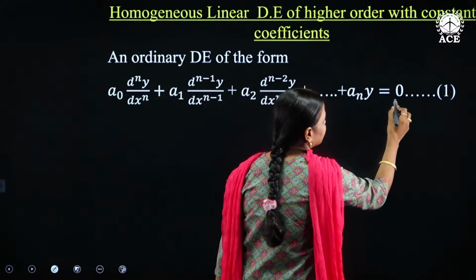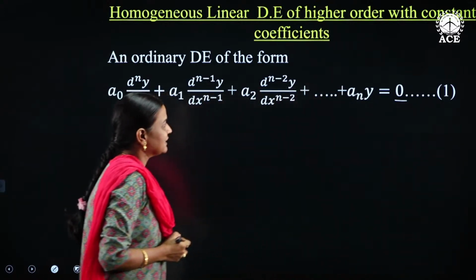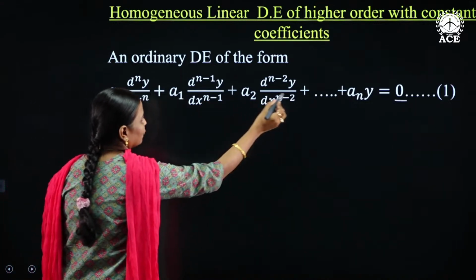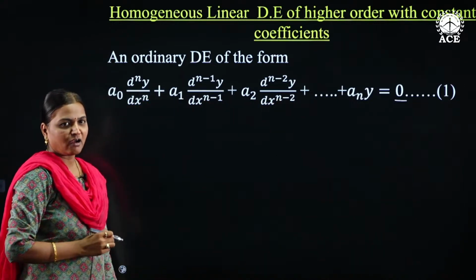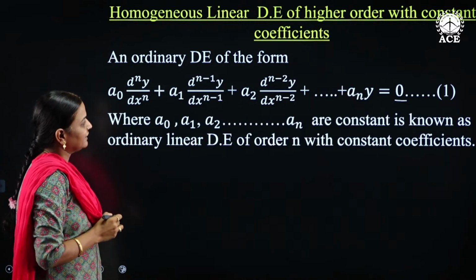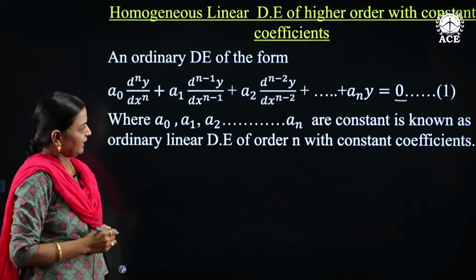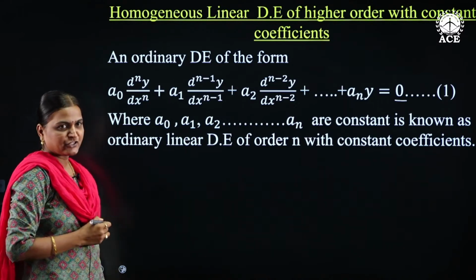Here the RHS is 0. In this equation a0, a1, a2, and so on up to an are constants. Then we say that this equation is called a homogeneous linear differential equation with constant coefficients.